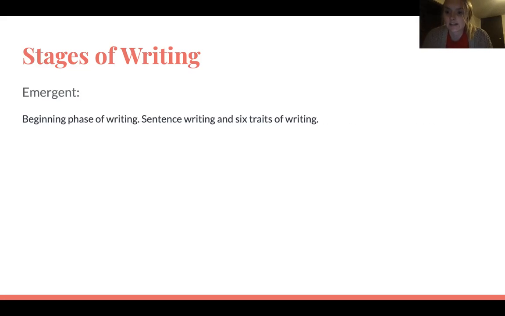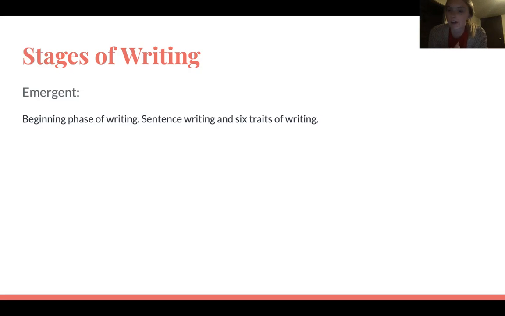Sentence writing and six trait writing. Sentence writing is where they will be making sentences, and they will also be learning about simple, compound, and complex sentences in third grade. I know that last year was cut short in second grade, so we're really going to be hitting that hard this year, getting your students able to write complete sentences.